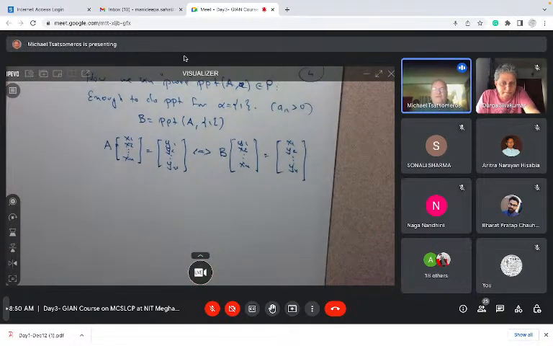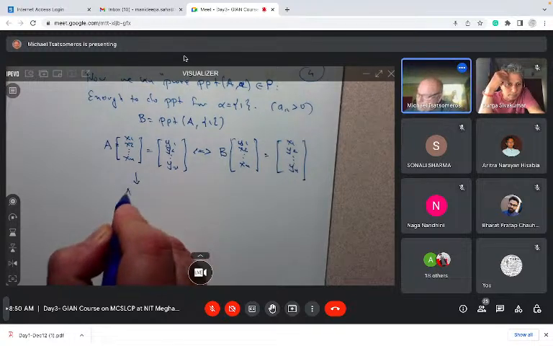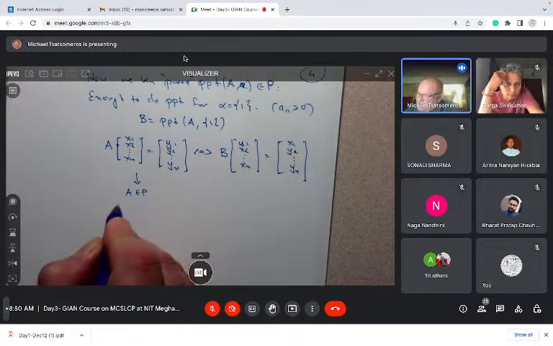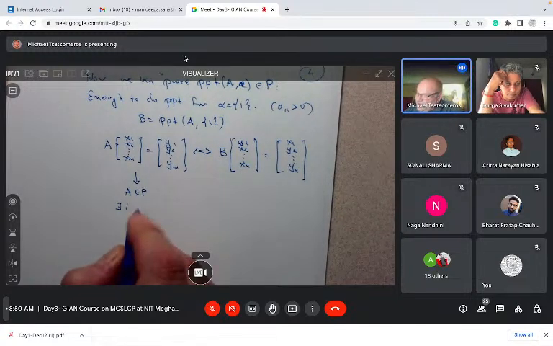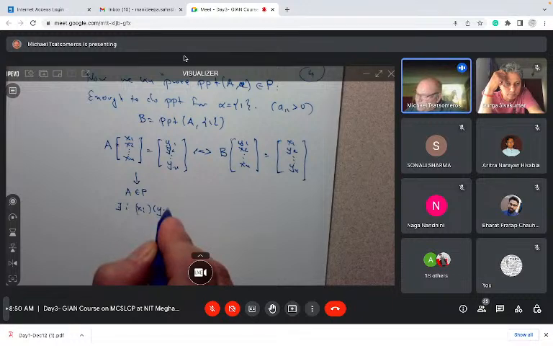Okay? So take now a random vector x, that's non-zero. Since A is a P matrix, it means there exists an i such that xi times yi is positive.